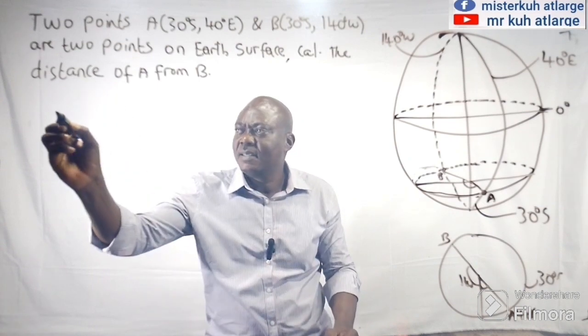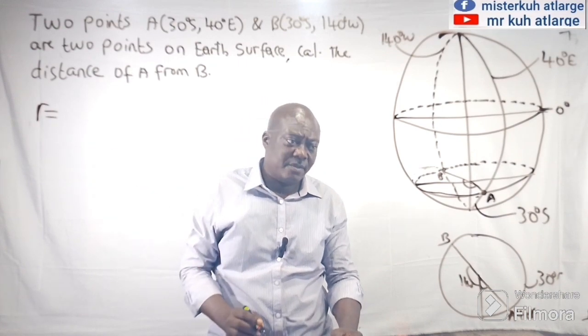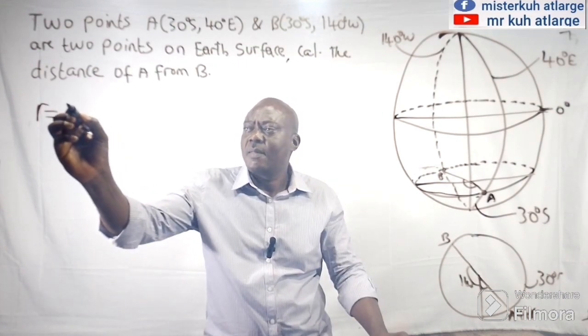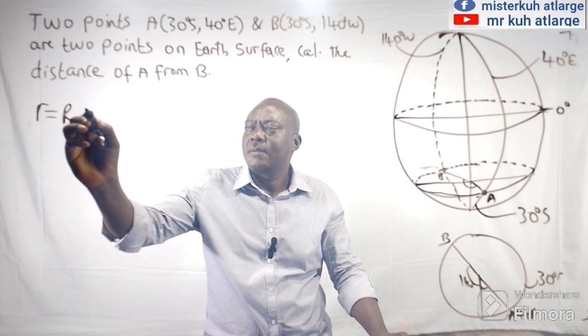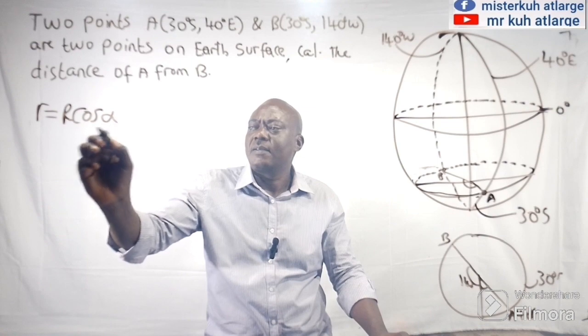That means small r, which is the radius, will equal cos alpha.